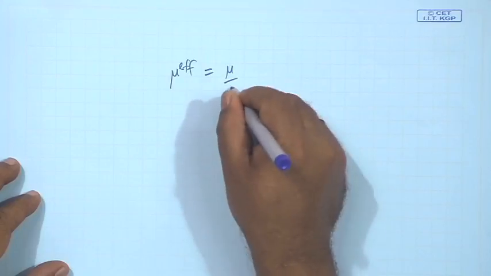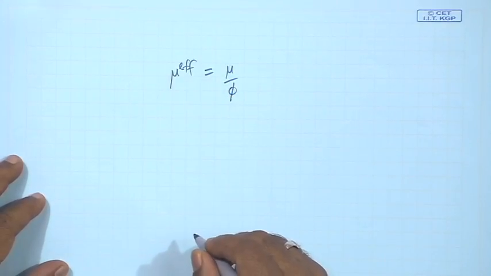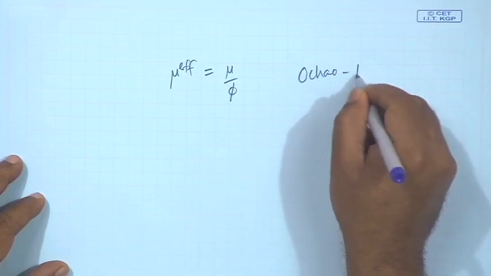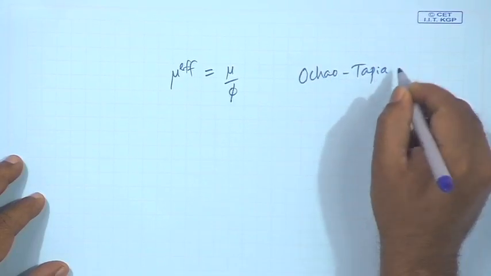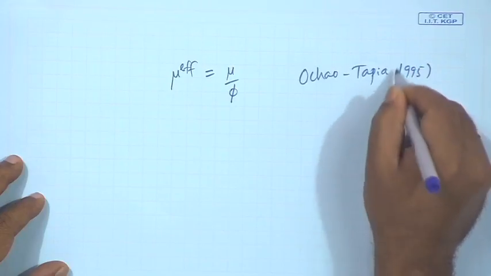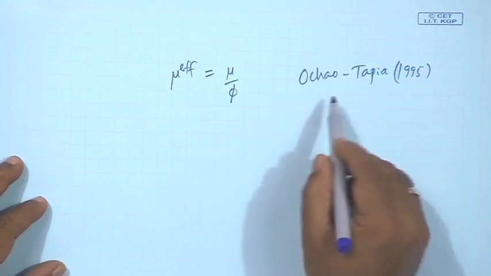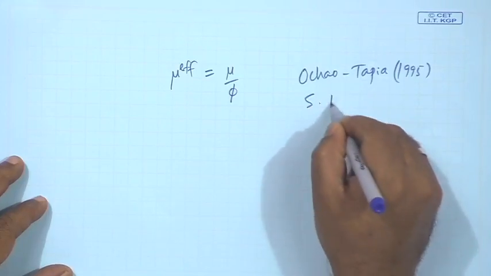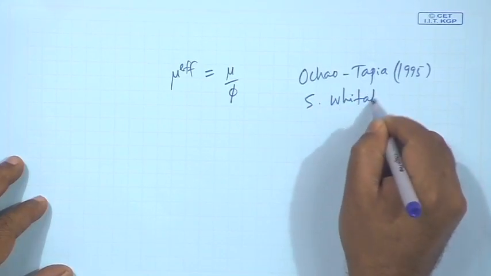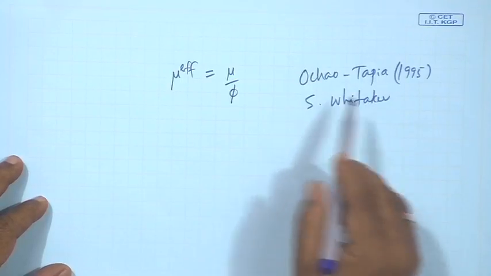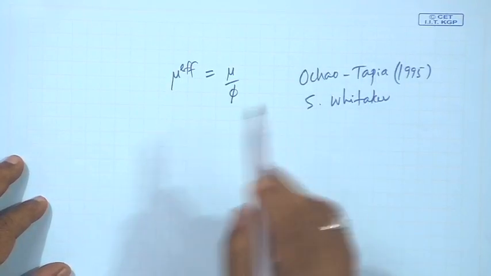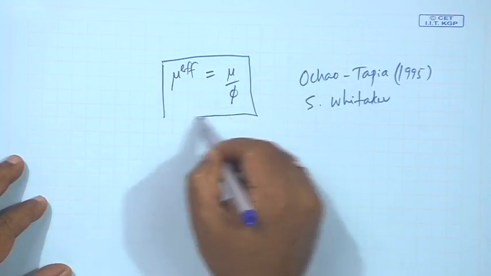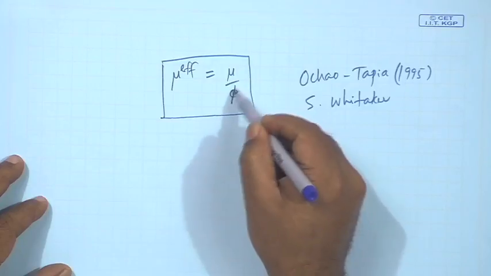Ochoa-Tapia and Whitaker (1995) used this; this is Stephen Whitaker. These two used a volume averaging approach and introduced the stress jump condition, and there they used this correlation, where phi is the porosity.